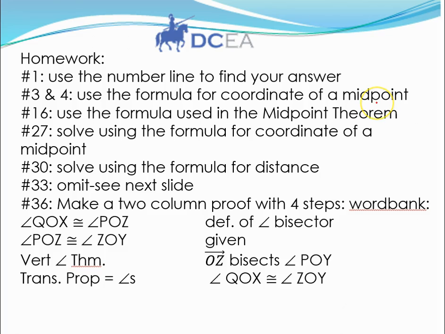Then you can go straight to the formula. Number 16, use the formula for the midpoint theorem. Number 27, solve using the formula for coordinate of a midpoint. Number 30, solve using the formula for distance.